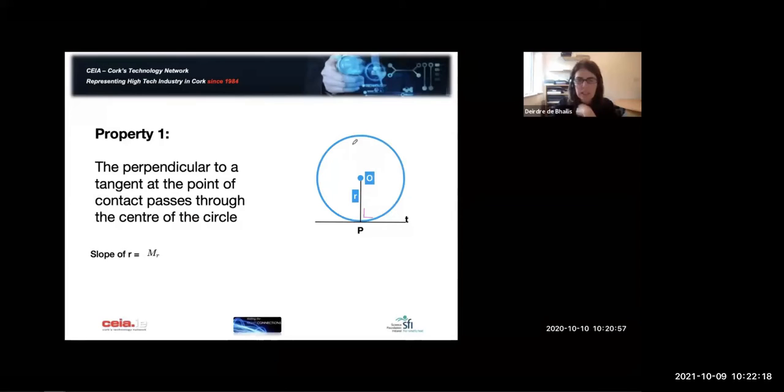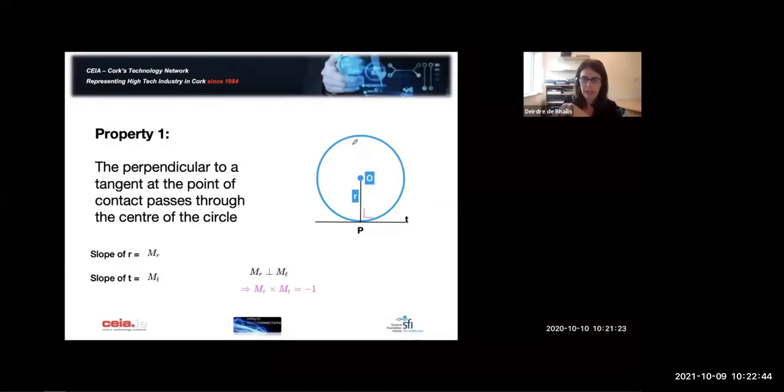What it tells us is the slope of the radius, if we call that MR, the slope of the tangent, we'll call that MT. So MR is perpendicular to MT, and that means the slope of one by the slope of the other, if you remember from the geometry of the line last week, is equal to -1.